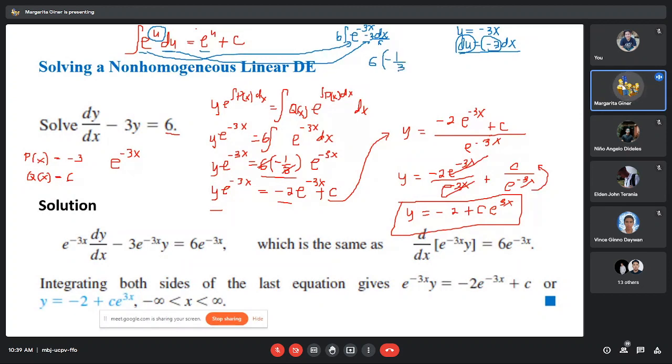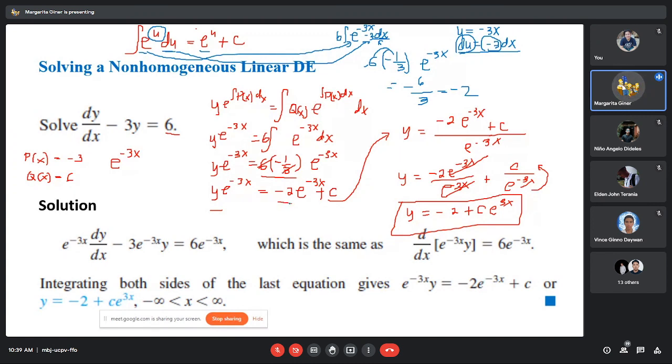To neutralize your equation, once you have solved the derivative, you just copy your equation, which is e raised to negative 3x. The negative 2 comes from simplifying negative 6 over 3, which is equals to negative 2.